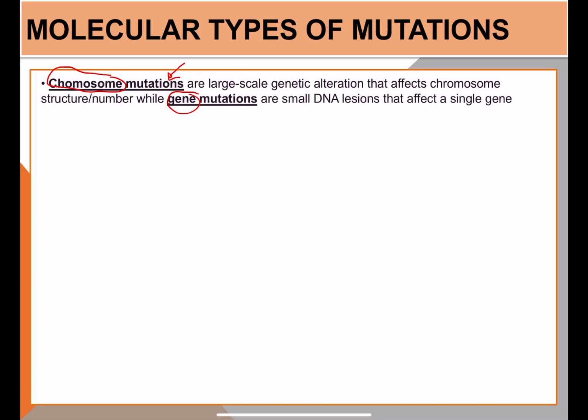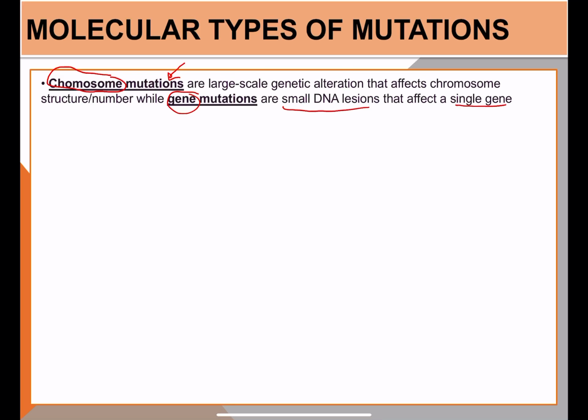What we will discuss in this chapter are the smaller scale types of genetic alterations that affect expression of a single gene or a protein, or what we refer to as DNA lesions, because they're technically a break within the DNA, either a break or something wrong with it that it was switched around. Okay, so these are called gene mutations.